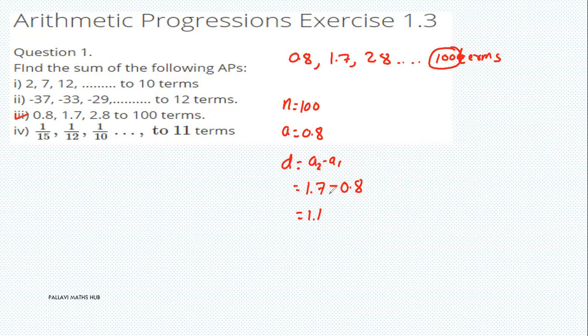Sorry. Wait, 2.8 minus 1.7 is 1.1, you will get. Then this question is wrong. Just a minute.